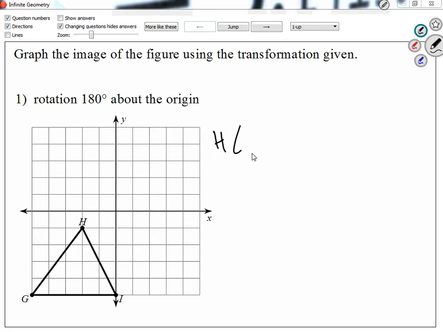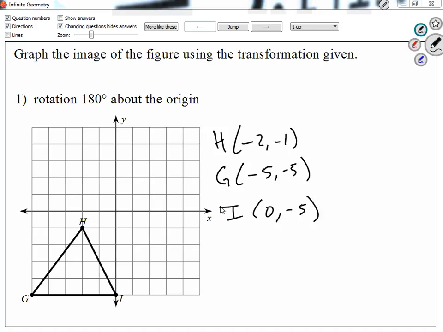The coordinates of H right now is negative 2, negative 1. Then, G is negative 5, and I is 0, negative 5. I'm getting the coordinates the way they are right now.